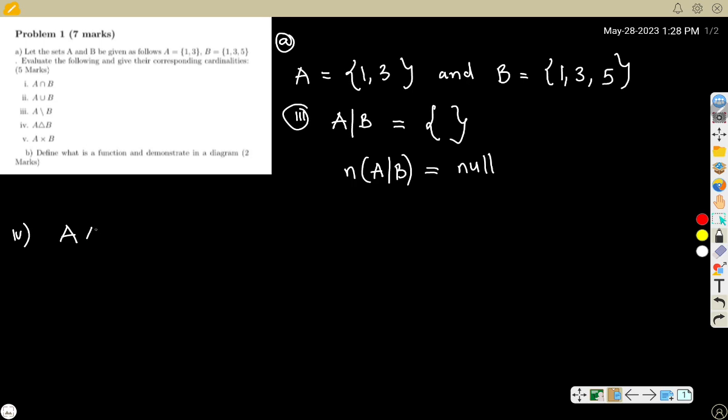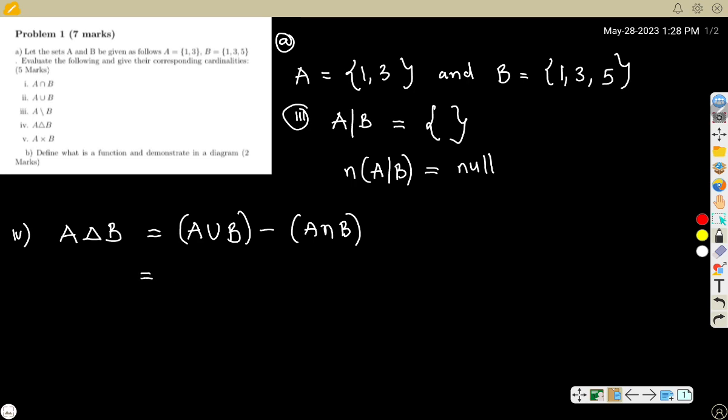So IV, A difference B. So what is the meaning of this in set notation? This means A union B minus A intersection B. So what is our A union B?